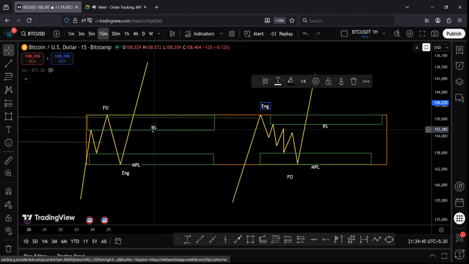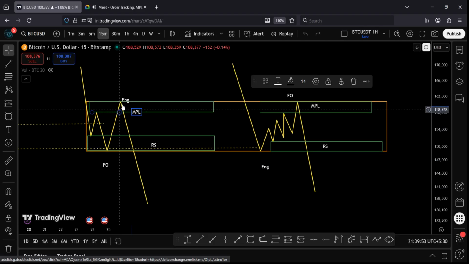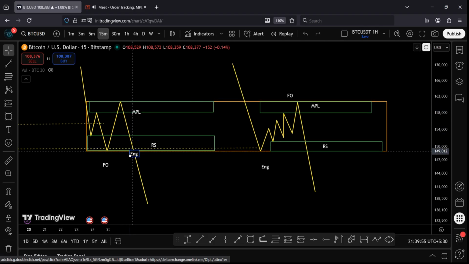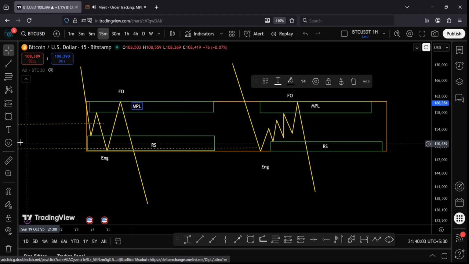So all this will become MPL, this is MPL and this is RS. Same. Okay, inverted. Engulf will be here and fake out will be here. This schema will be the same. Why? The level is changing, the level is staying the same.